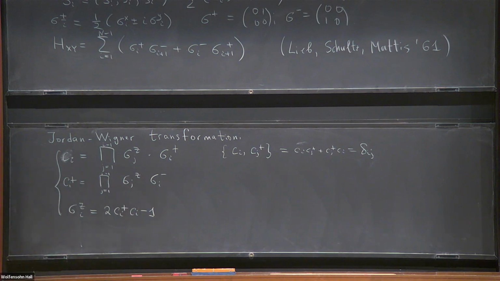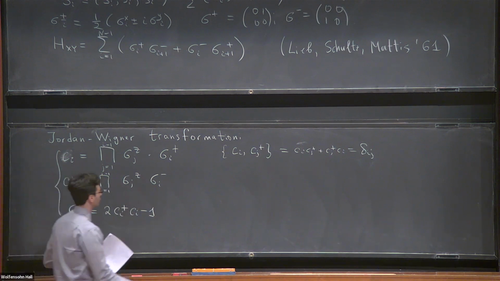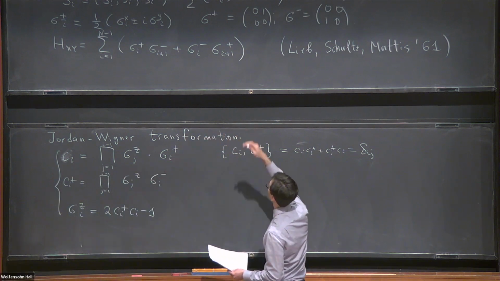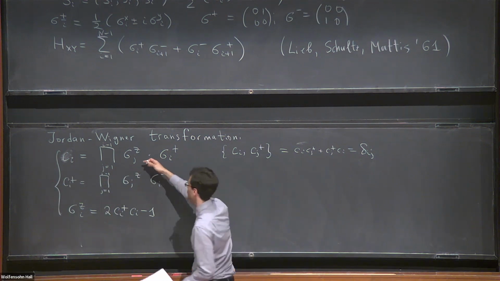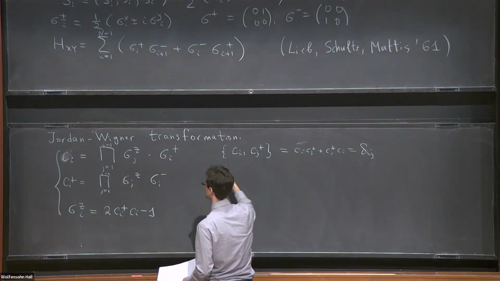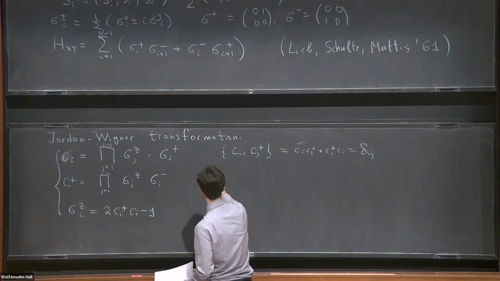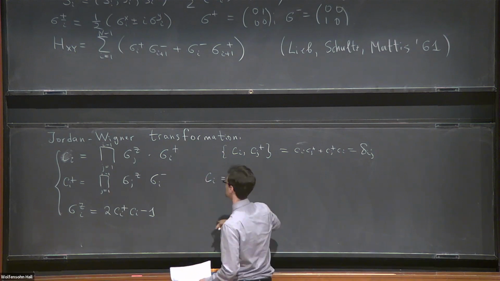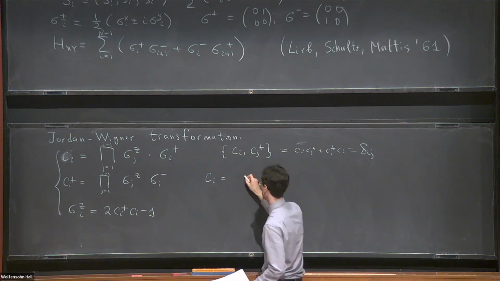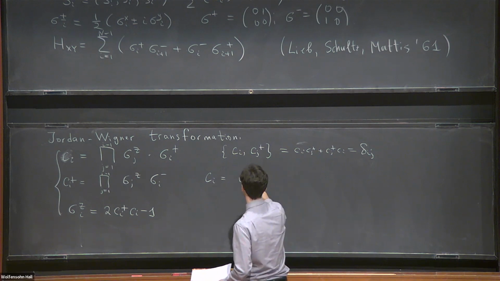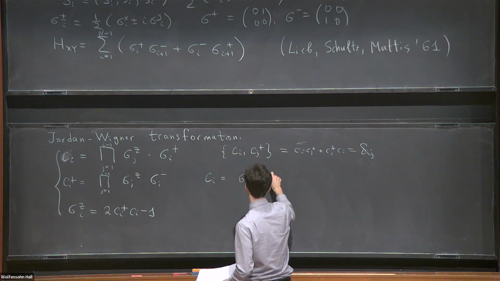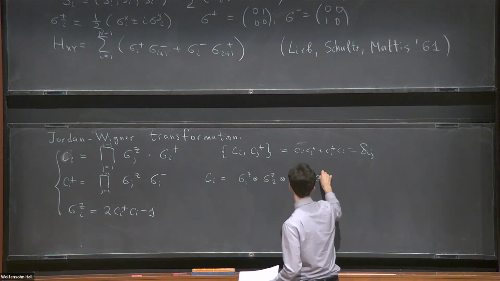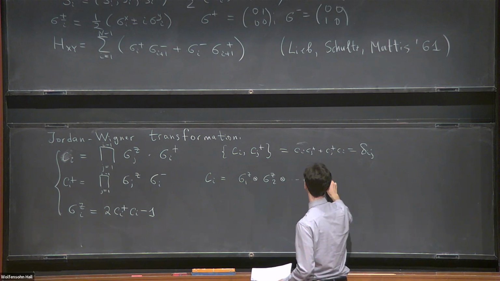To be more precise, when we write these models in this form, with this Jordan-Wigner transformation, what we really mean is the tensor product of these matrices. So this operator c_i is actually a tensor product of i operators like this.